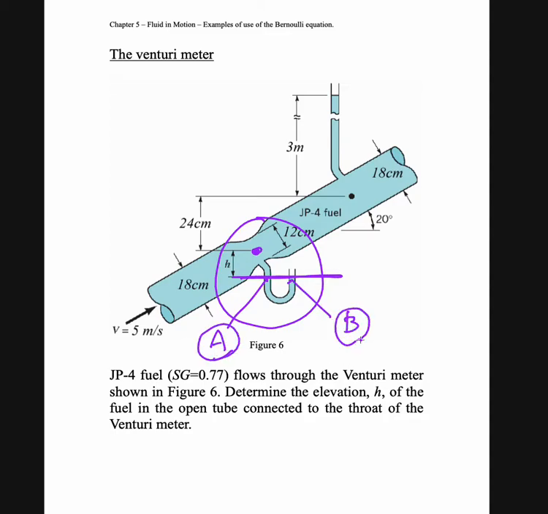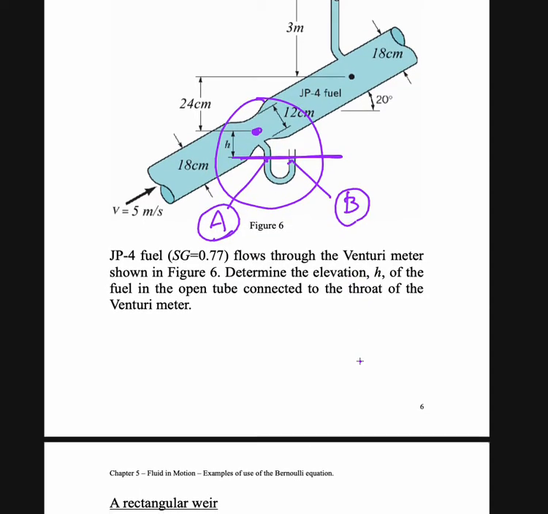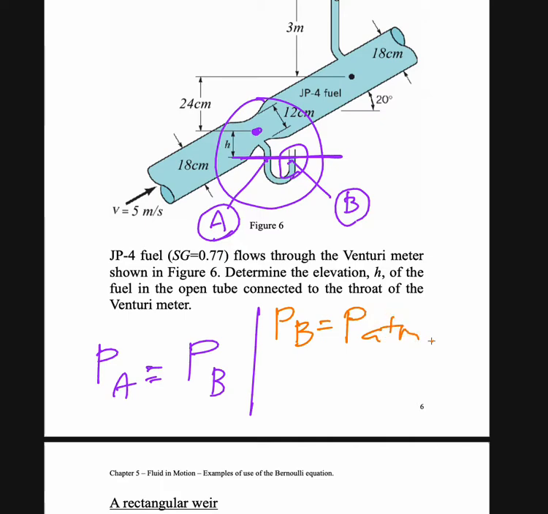we could write PA is equal to PB. Because PB here is open to atmospheric pressure, we could write PB is equal to PATM. And for PA here, we could write PA is equal to rho g h plus P1.